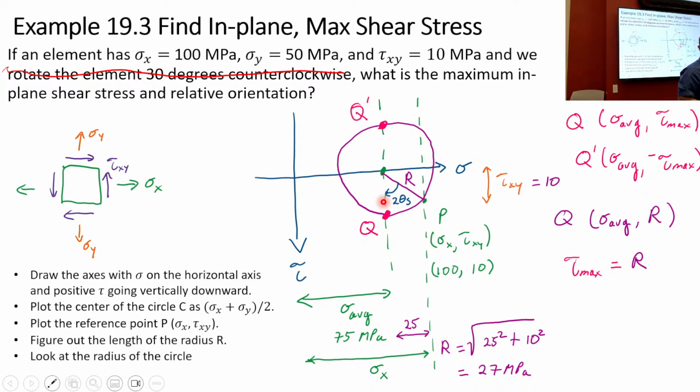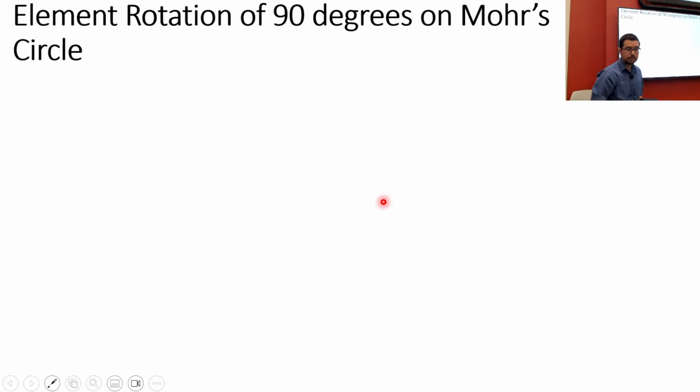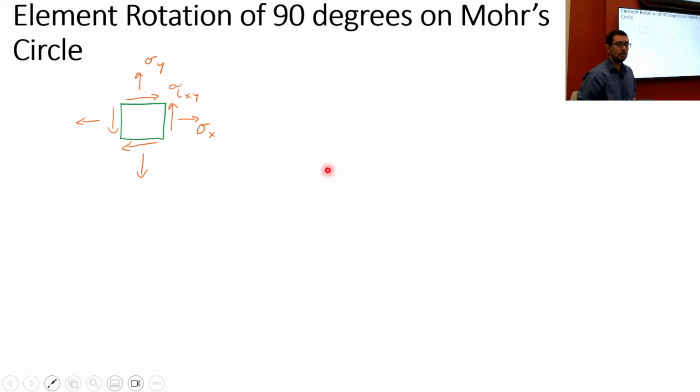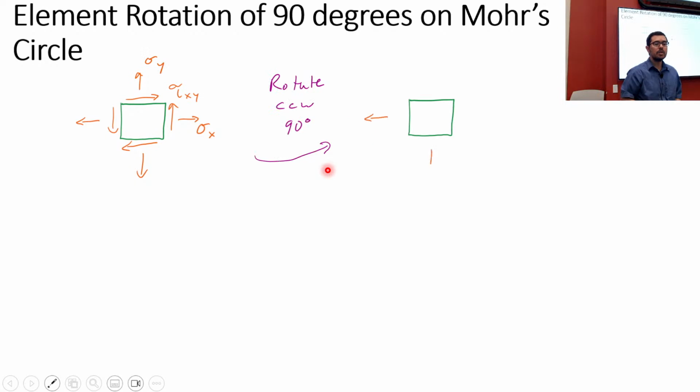We talked about this a little bit already, but if you rotate an element 90 degrees, you're going to get 180 degrees of rotation on Mohr's circle.